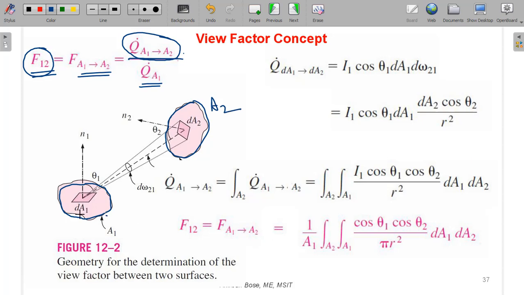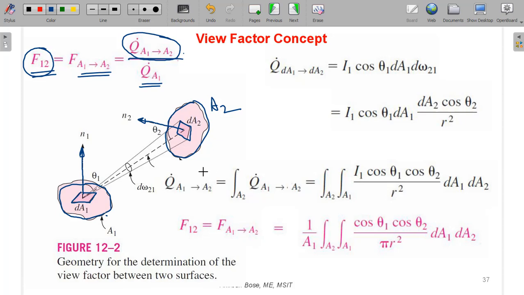Now consider within A1 a very small area dA1, and within A2 a small area dA2. These are the normals: N1 on dA1 and N2 is the normal on dA2.